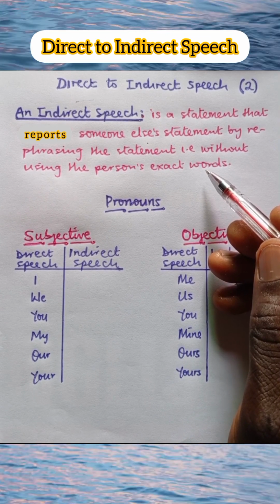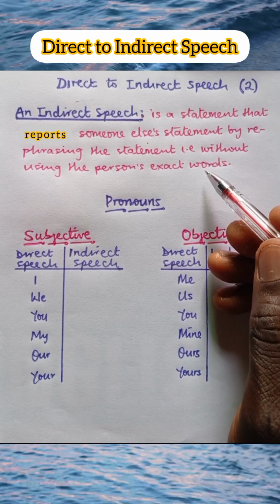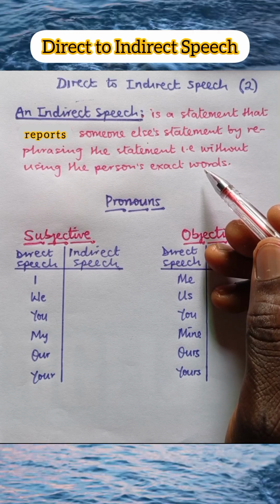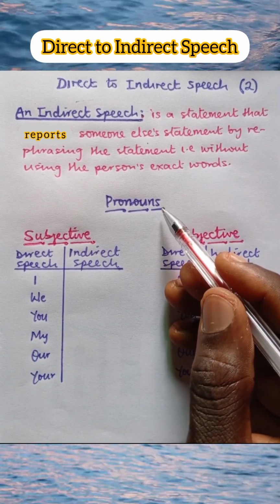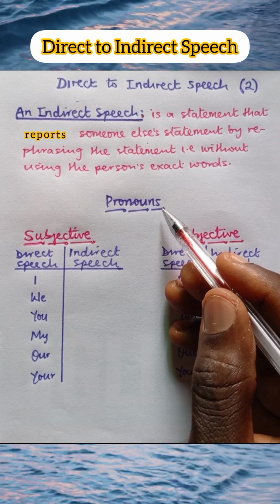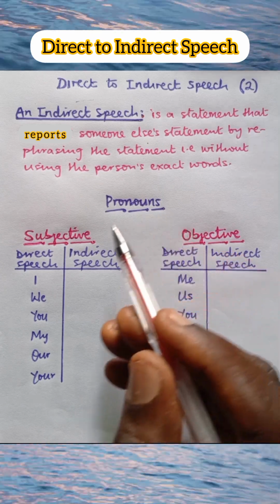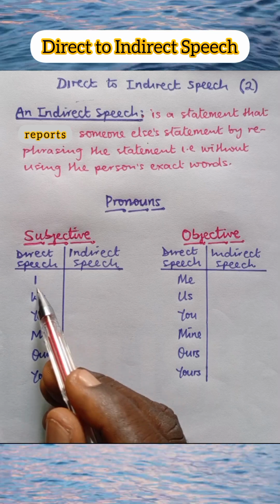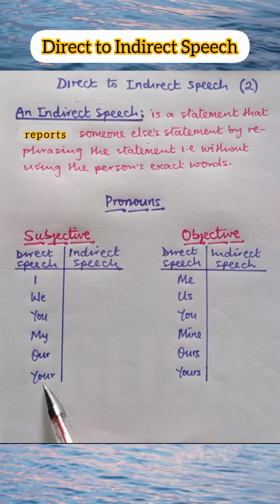And when such indirect speech is written, there are some words in the original statement that are usually changed. These words include pronouns. And so, in this video, we want to look at the changes that happen to pronouns in the indirect speech. So, we're going to look at subjective pronouns. And these subjective pronouns are I, we, you, my, our, your.